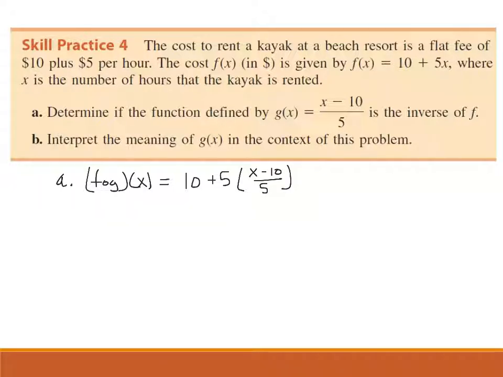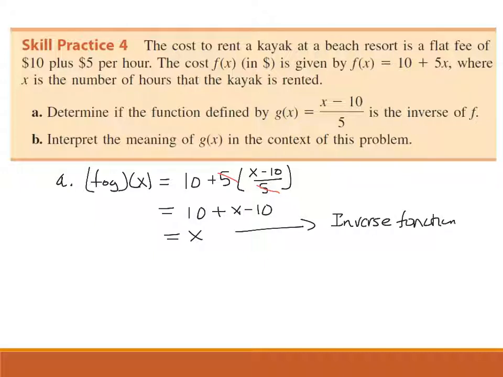We see that the 5's cancel, and we're just left with 10 plus x minus 10. The 10's cancel, and we get x. So in fact, we have an inverse function, and g of x is equal to f inverse of x, right?